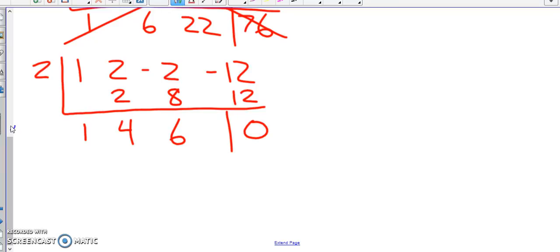Now, I can promise you this. On the test, I didn't put any on there like that because I don't want you to sit there and waste a bunch of time. The goal is to see if you know how to do this, not to see how fast you can do it. So on the test, I didn't put one on there like this.